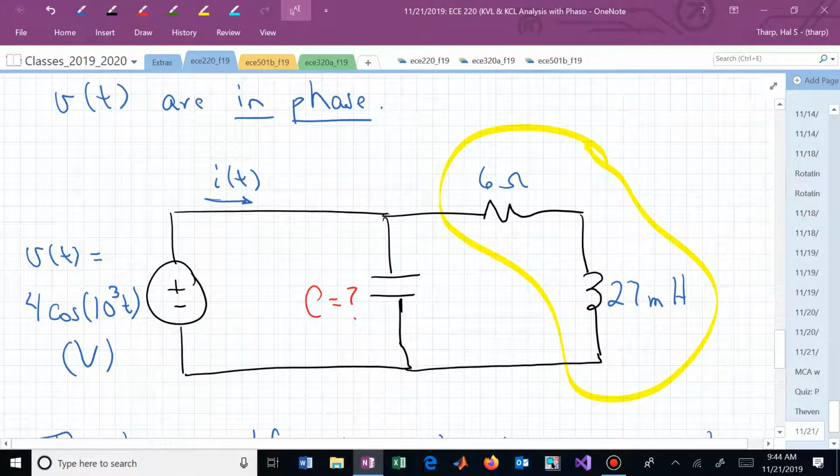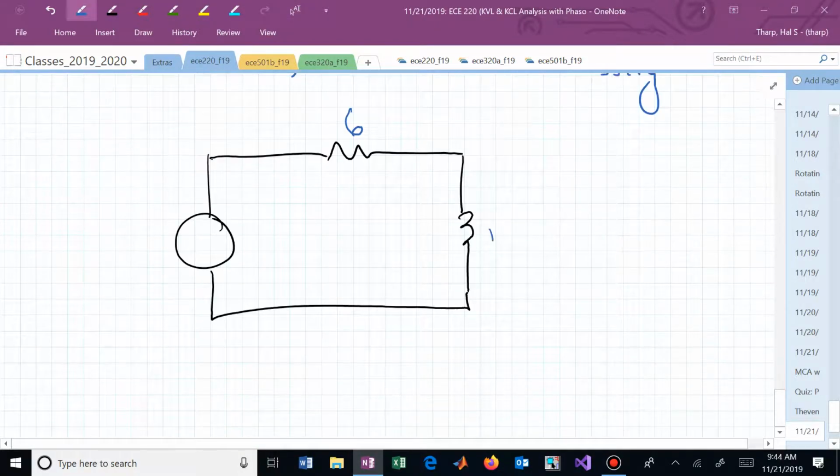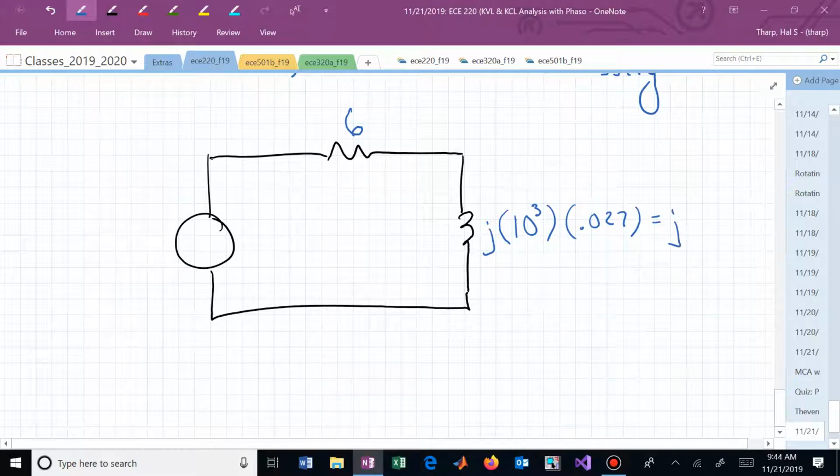Do we have enough information to find it? That's just j omega L in the frequency domain. We have j, omega was 1,000, and L was 27 millihenries. The impedance of that inductor now is j27.